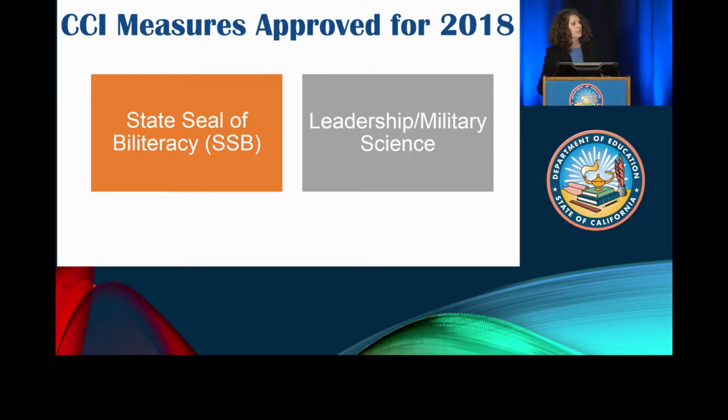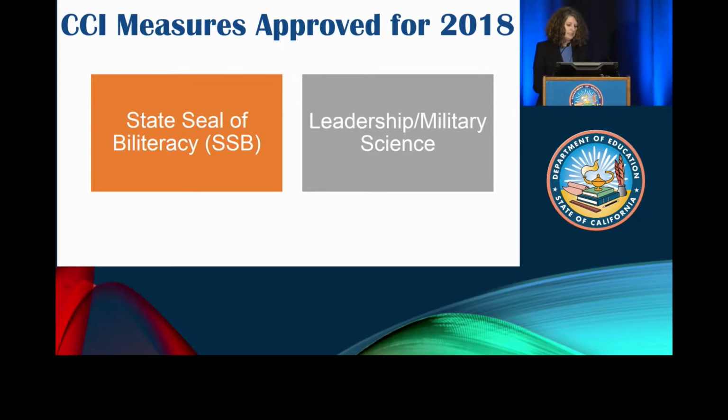The other measure that they approved was the Leadership Military Science coursework. One of the examples we use of students that are taking this coursework are those involved in the junior ROTC. In order to demonstrate that a student is prepared under the Leadership Military Science, they must have taken at least 2 years of Leadership Military Science and received at least a standard met on either English language arts or mathematics.